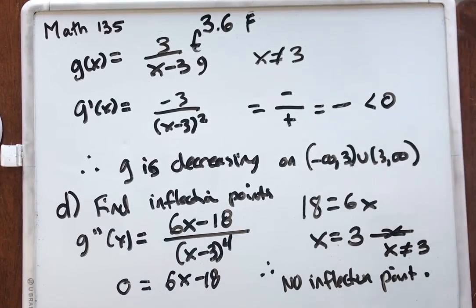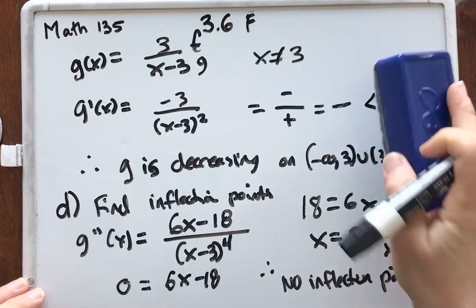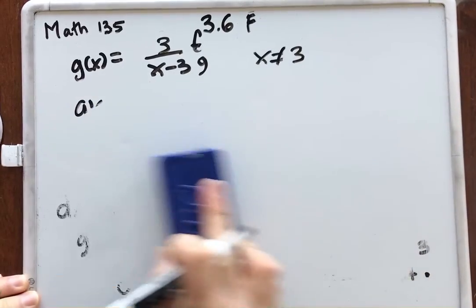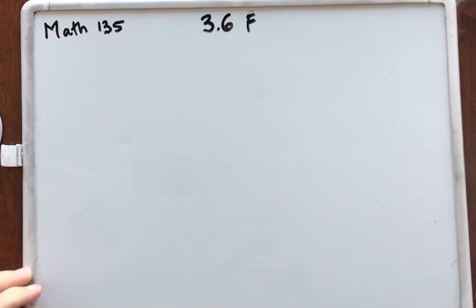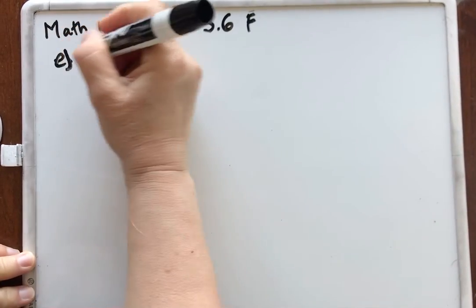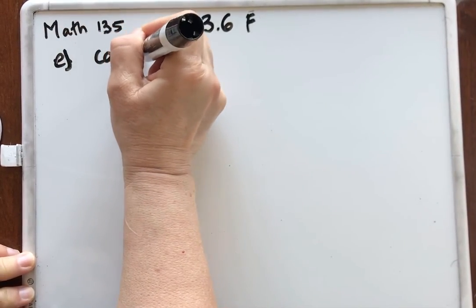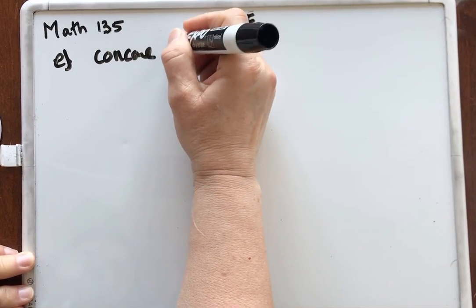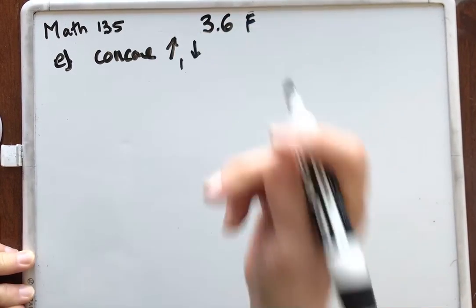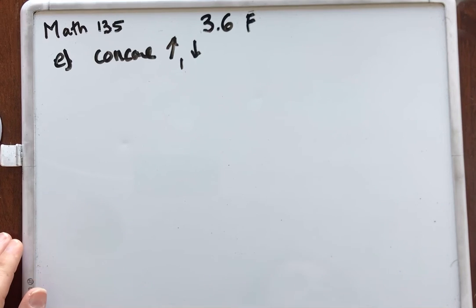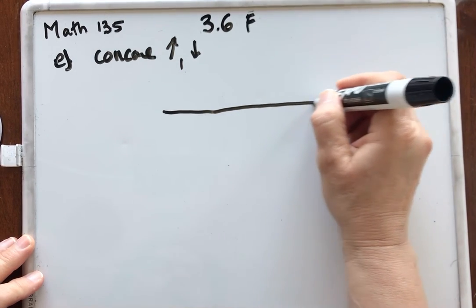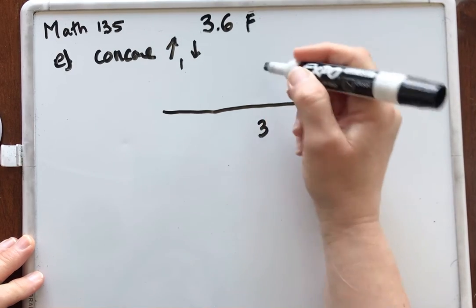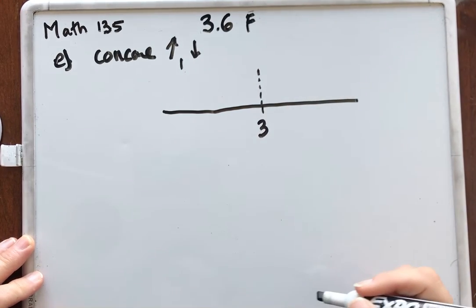Okay, so let's keep going. How about concaving up and concaving down? Okay, so next one, concave. We're looking for concave up or down. Recall we didn't have any inflection point. What we do know is at 3 we have a vertical asymptote.